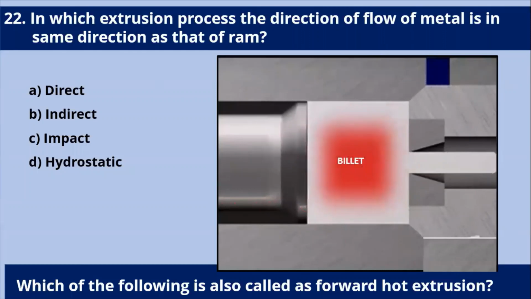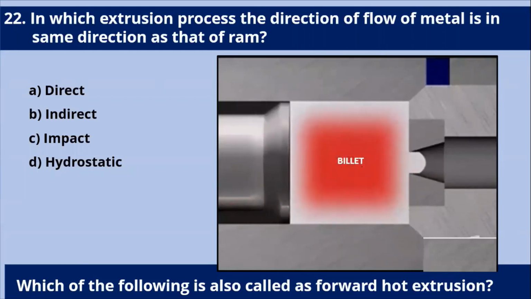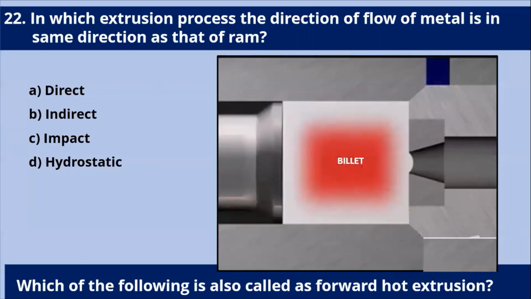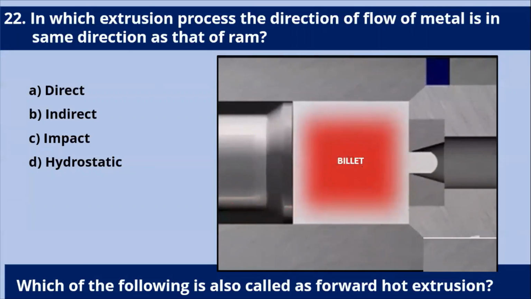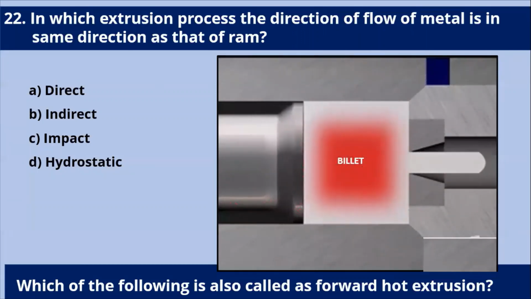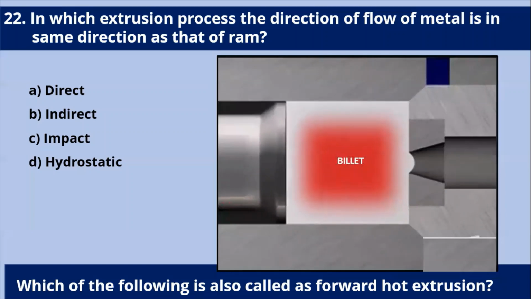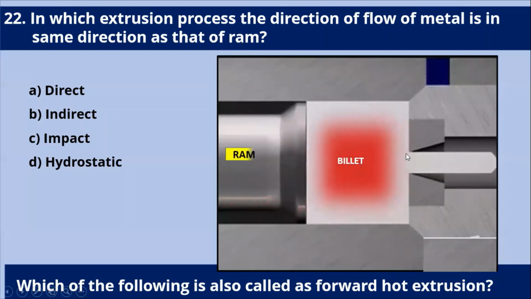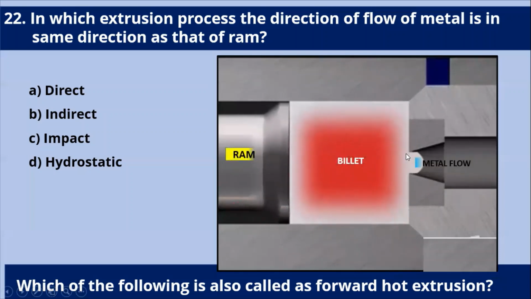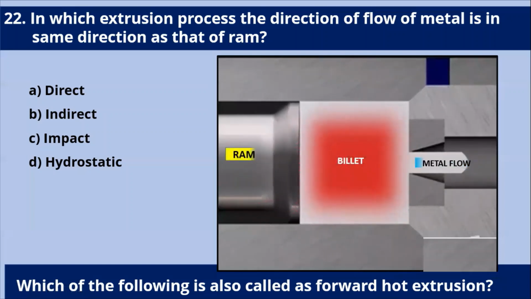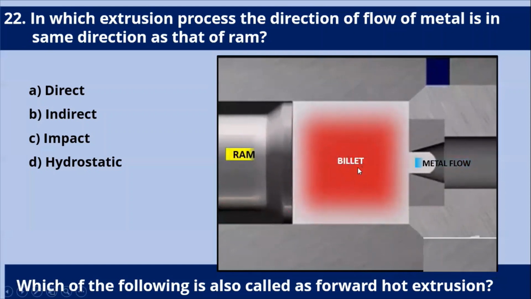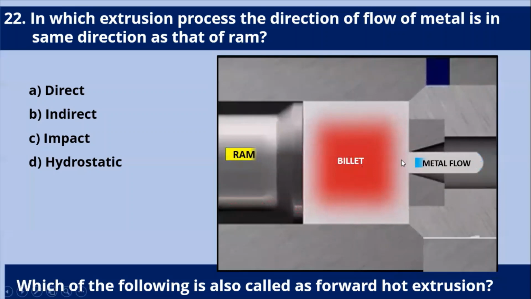Now, we know that direct extrusion is a process in which the metal billet placed in a container is forced by the ram to pass through the die. You can see I have shown the die here. In this type, the direction of flow of metal is the same as the direction of the ram.